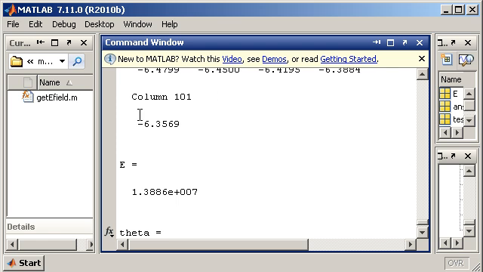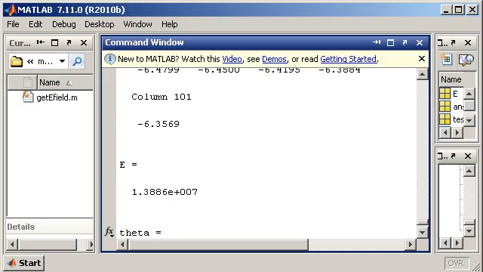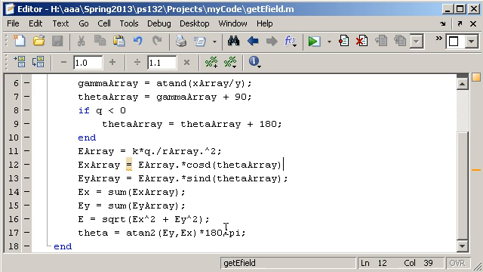Oh, minus. Good. 6.3569 times 10 to the 4th. And I had minus 6.357 times 10 to the 4th. So very close. Oh, 69. Okay, so yeah, that's cool. This rounds to 4 sig figs to minus 6.357 times 10 to the 4th. Minus 6.357 times 10 to the 4th. Alright, so that one seems to be working.